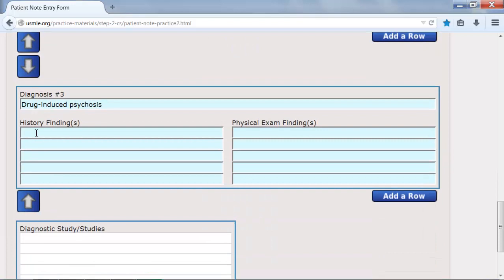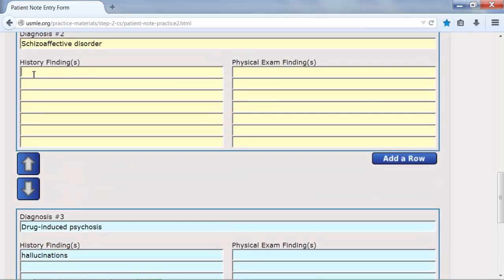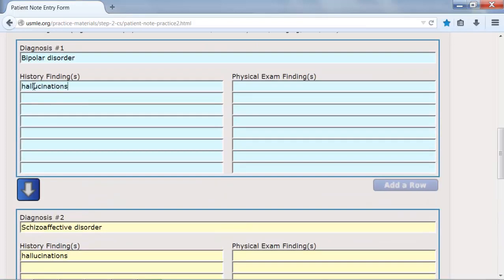And the common finding for all of them will be hallucinations. That's why we can copy and paste it in all three.